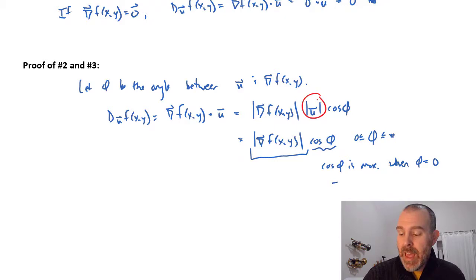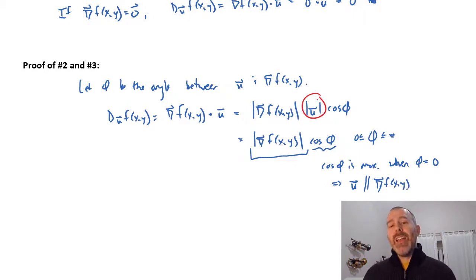What that means, in other words, is that the directional vector is actually parallel to the gradient. So what this says is that the directional derivative is maximum when your direction is in the same direction as your gradient. In other words, the directional derivative is maximum in the direction of the gradient.